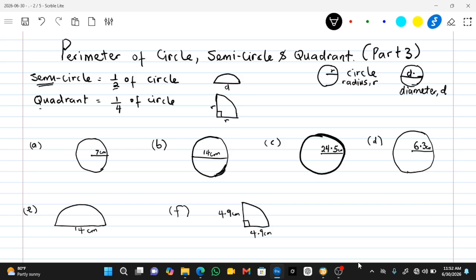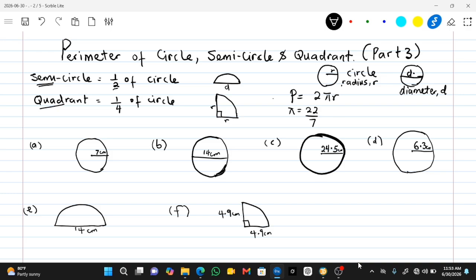Then quadrant, from the word quadrant, 1/4, a quarter of a circle. This way you have the radius here and the radius here. So for the perimeter of a circle, there are two formulas. When we are given the radius, we use 2 pi r, where your pi is 22/7, or sometimes you could be asked to use 3.142.